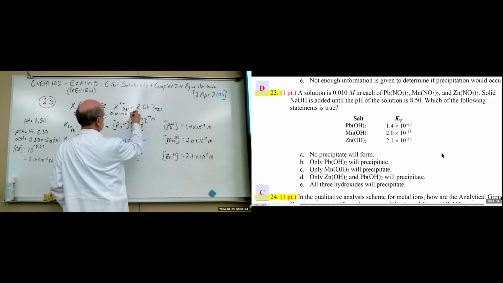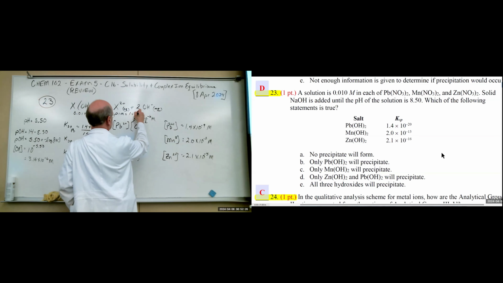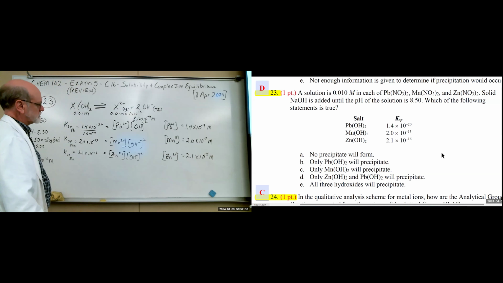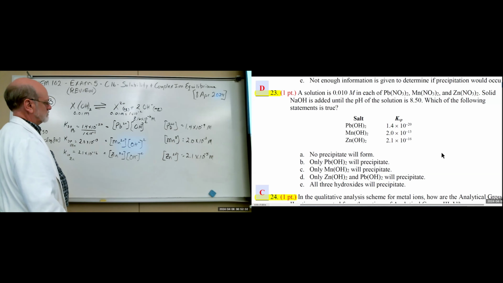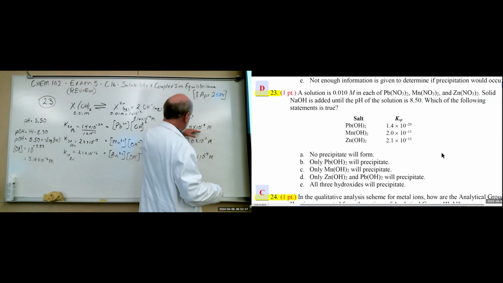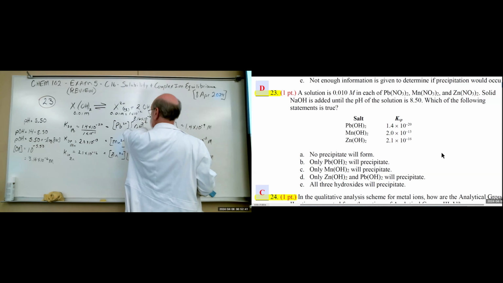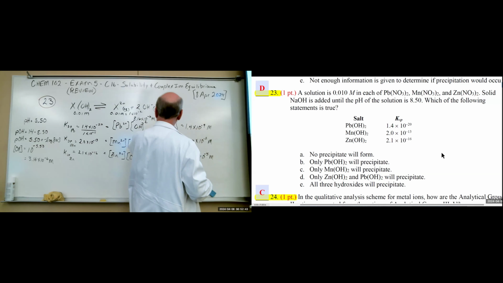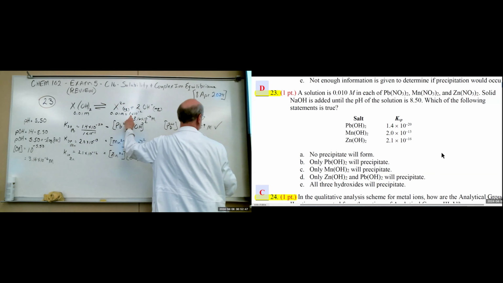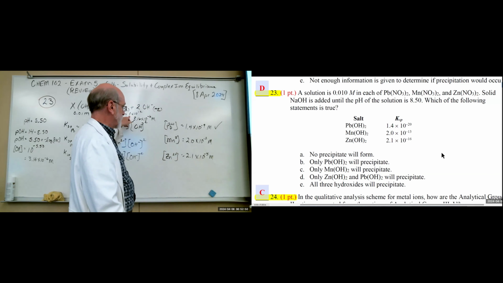And this is equal to 1 times 10 to the minus 2. So this one will precipitate when the concentration of lead is 1.4 times 10 to the minus 9. Yep, that'll make it. Easy. It'll start precipitating right off the bat.